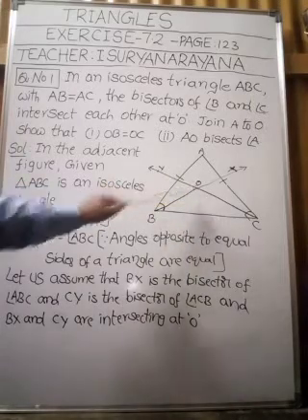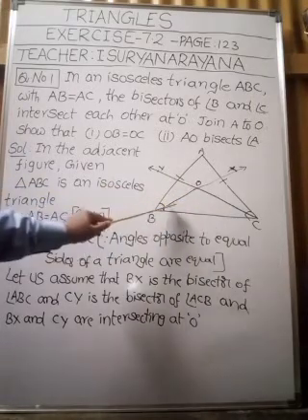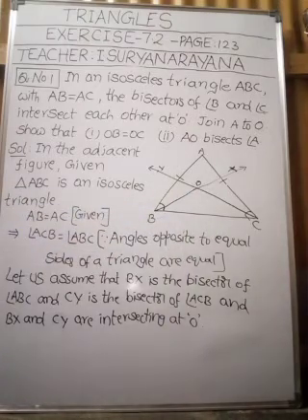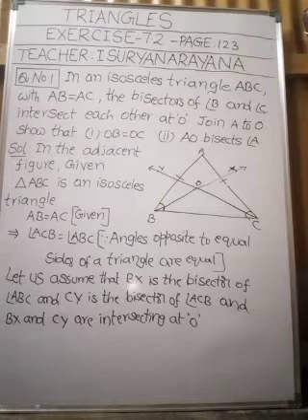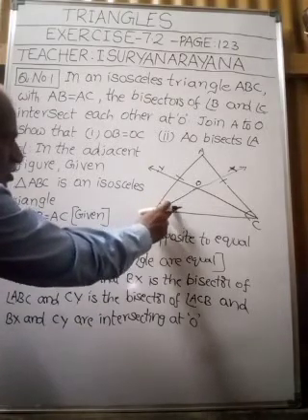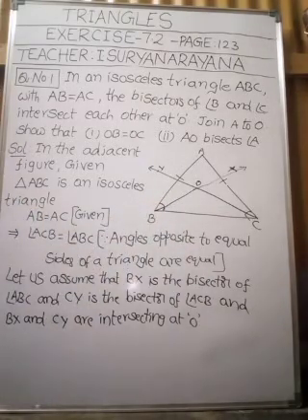Here OB and OC are bisectors of angle B and angle C. So automatically this upper angle is equal to the lower angle.